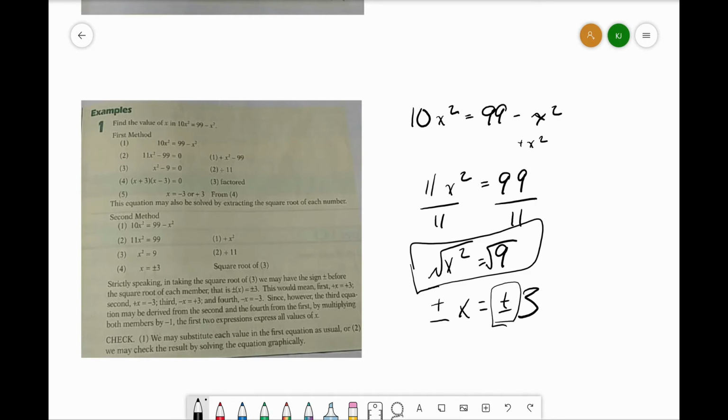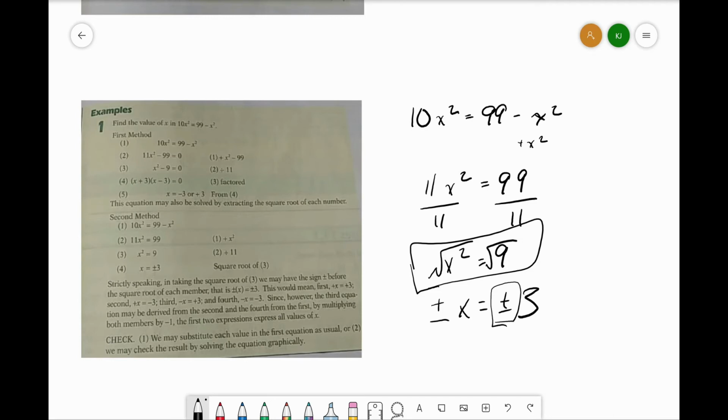This would mean first that positive x is equal to positive 3. Second, that positive x is equal to negative 3. Third, that negative x is equal to positive 3. And fourth, that negative x is equal to negative 3. Since, however, the third equation may be derived from the second and the fourth from the first by multiplying both numbers by negative 1, the first two expressions express all values of x.